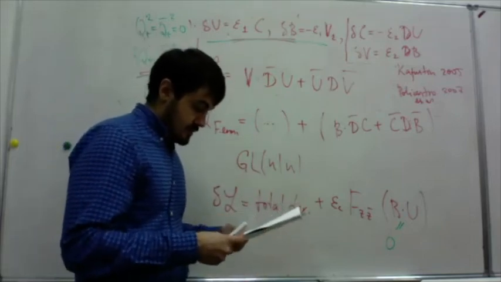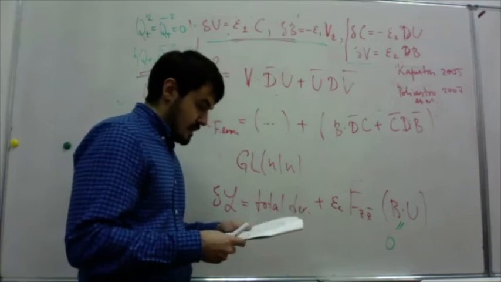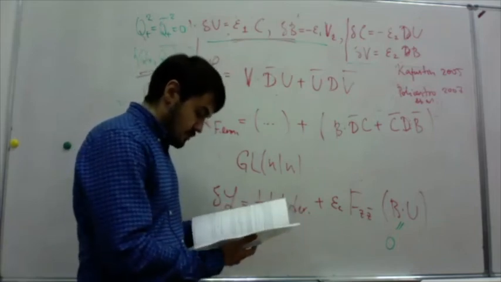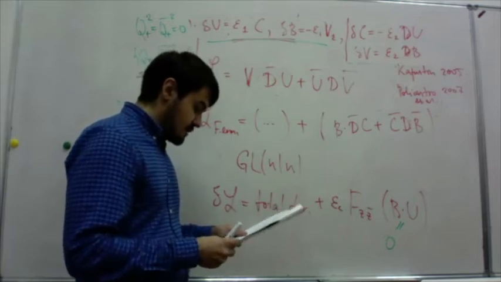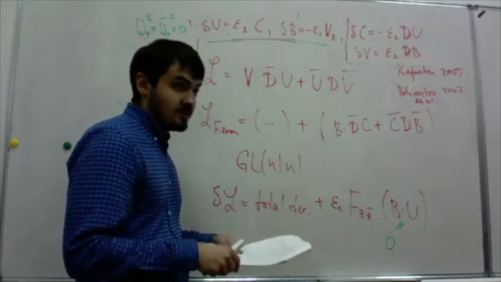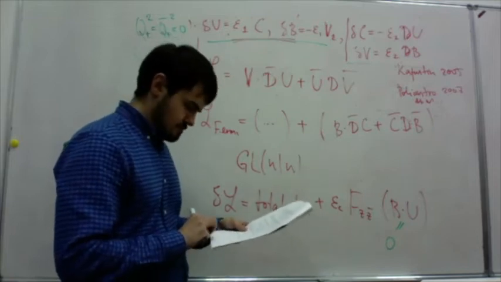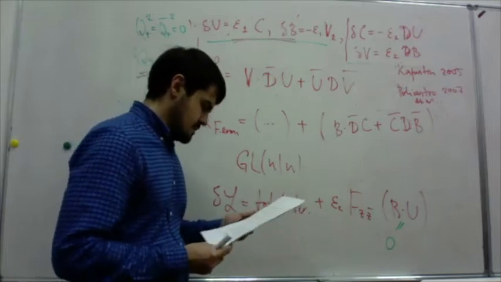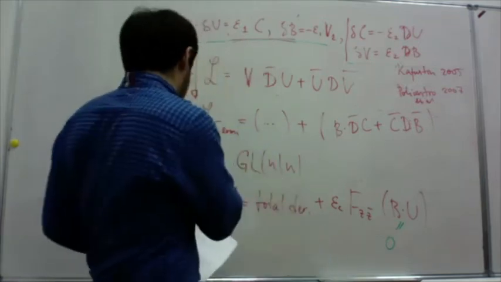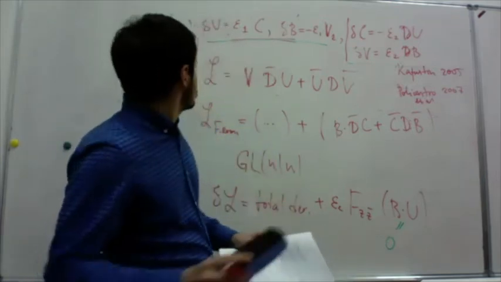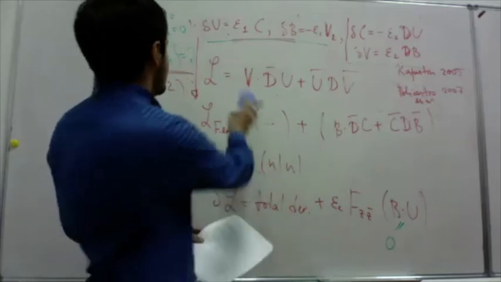What does that mean? It actually means that if you set B times U to 0, then secretly you have an additional gauge symmetry in your Lagrangian, an additional local symmetry, which works as follows.